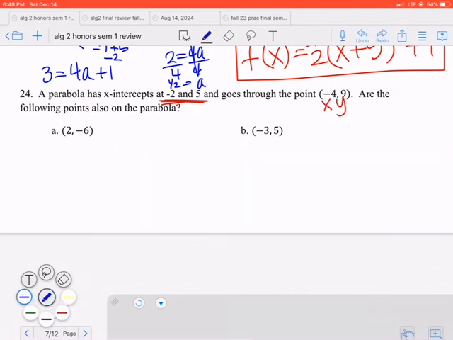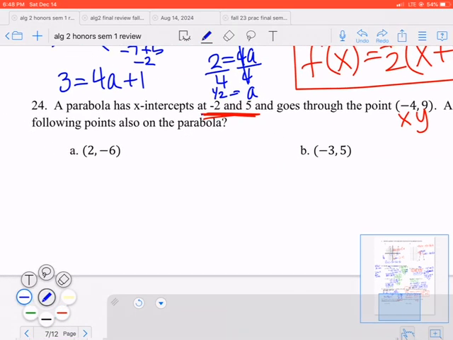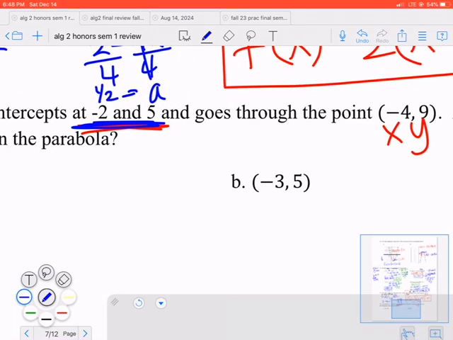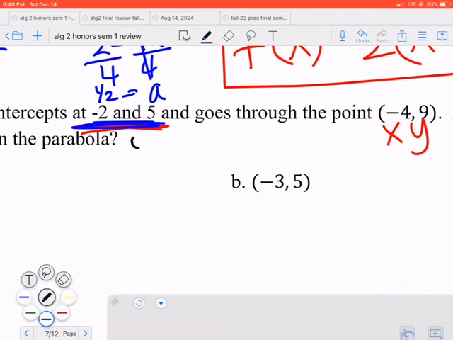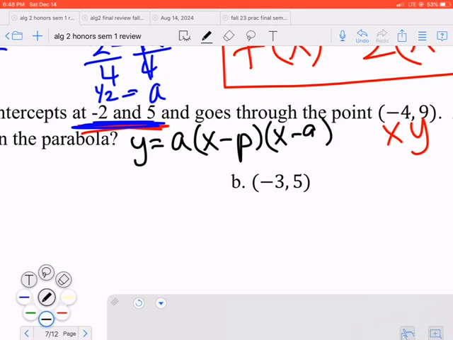So they're giving me the x-intercepts instead of the vertex. So my formula is going to change. So it'd be a times (x minus p) times (x minus q), and we use different letters for inside the parentheses. I think it's p and q is what we use. So the -2 is p and the 5 is q.